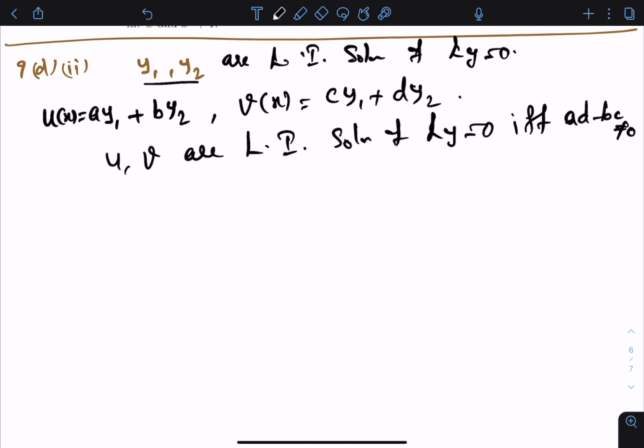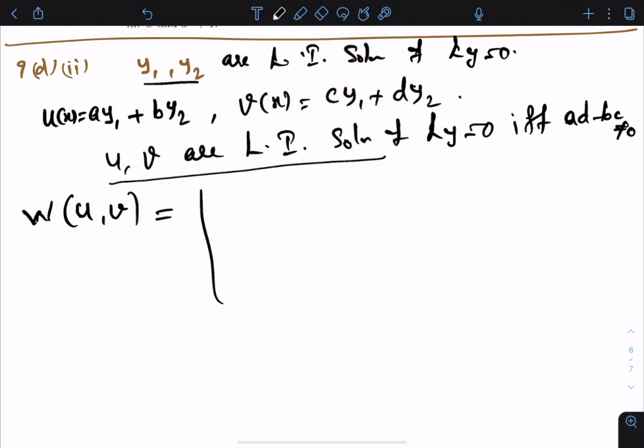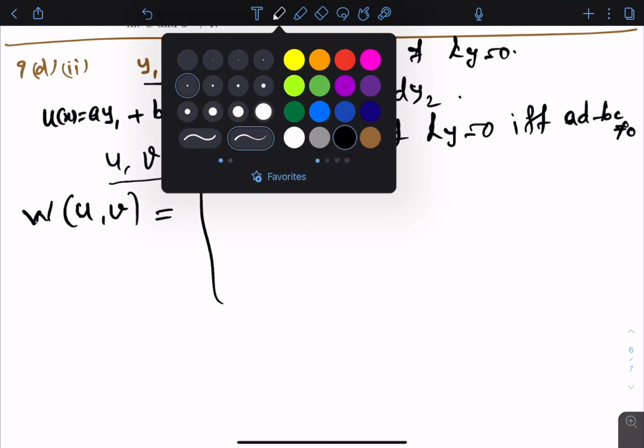So how do you check whether two solutions are linearly independent? Naturally, look at their Wronskian. So let's look at the Wronskian of u and v, and once we compute that, it's going to tell us whether it's a linearly independent solution or not, right? Now when you write the Wronskian, what you get is this.